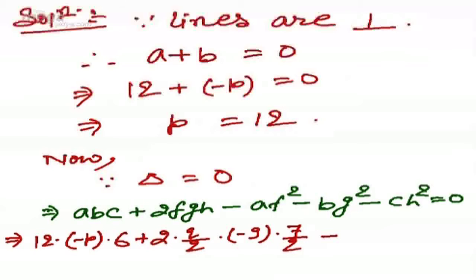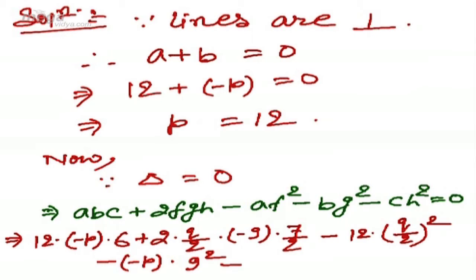Minus AF square, so 12 into Q upon 2 whole square, minus BG square, so B is minus P into G is 9 square, minus CH square, the C is 6 into H is 7 upon 2 whole square, is equal to 0.